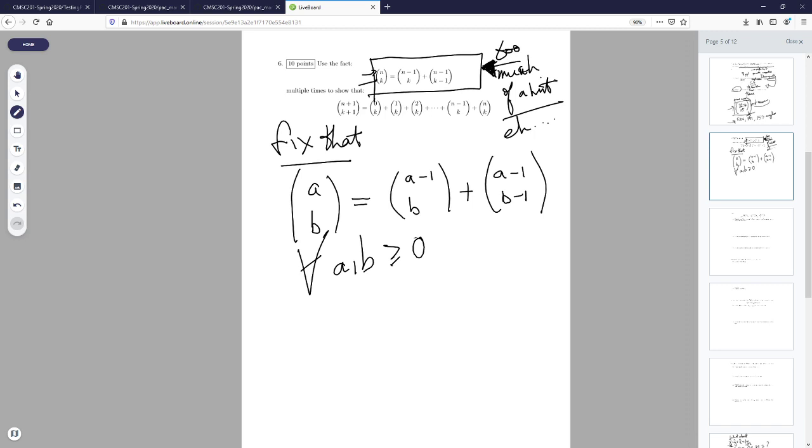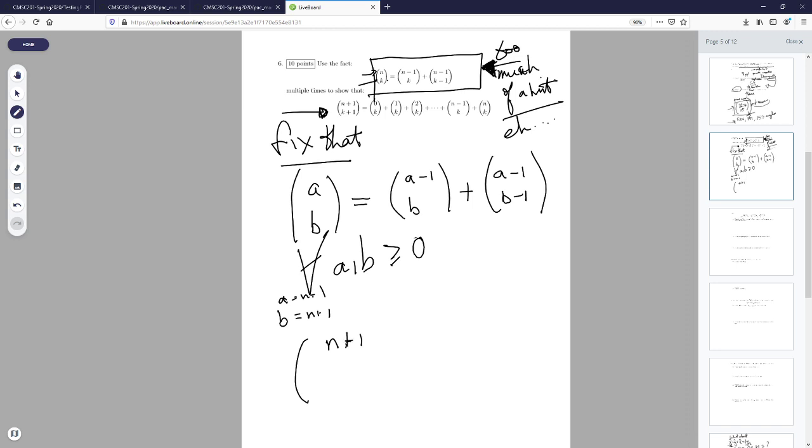Now that this is the case, we can look at this formula with a little more objectivity, and we're not trying to fit n choose k into this formula. What we're going to do is assign A equal to n plus 1 and B equal to k plus 1.